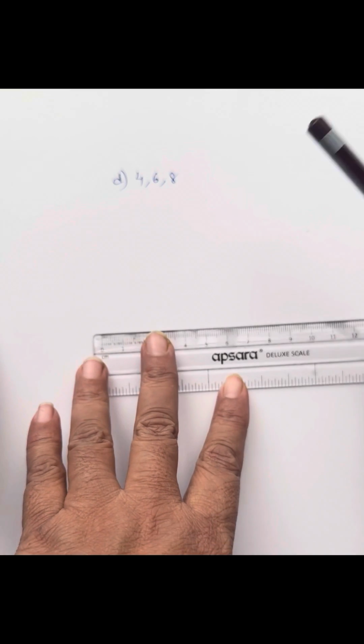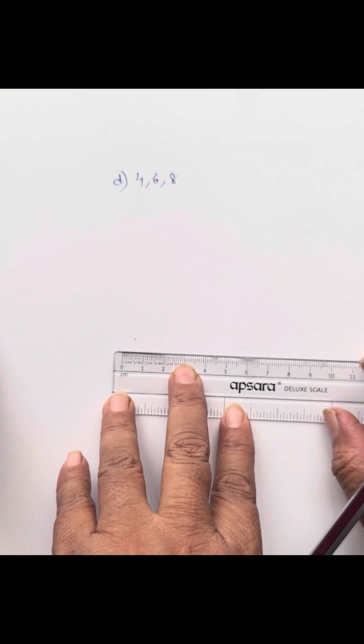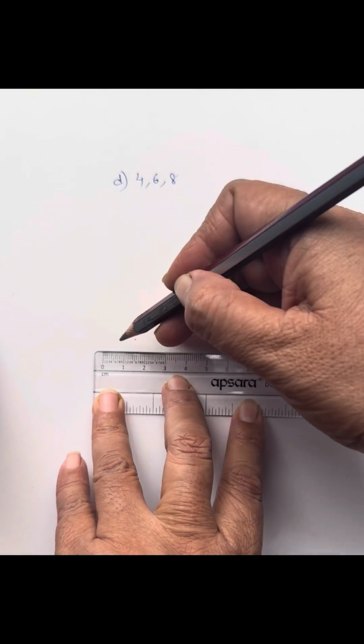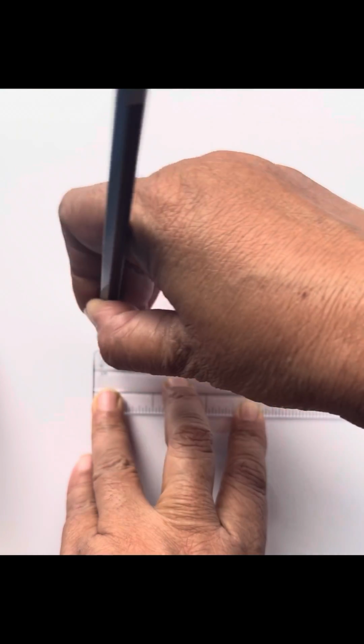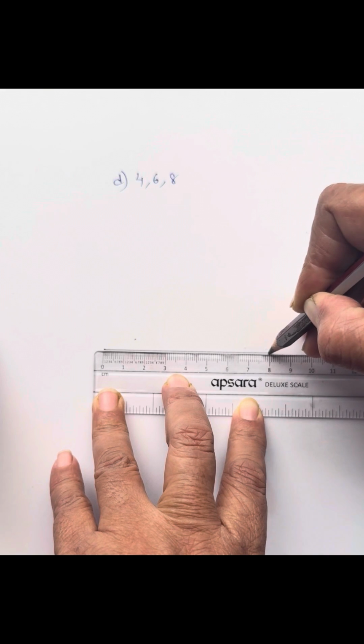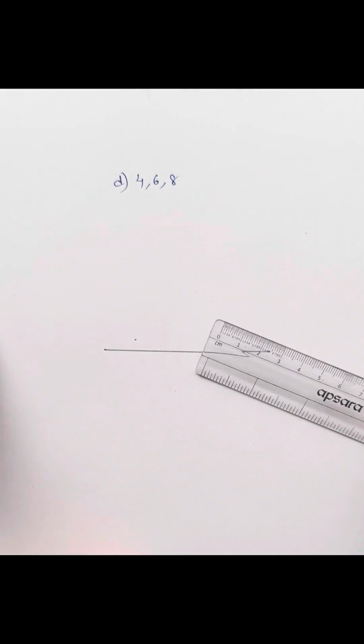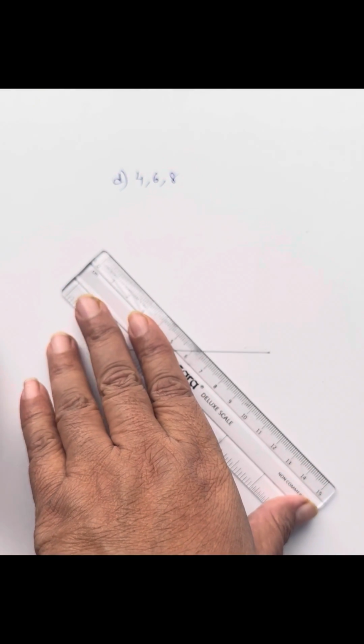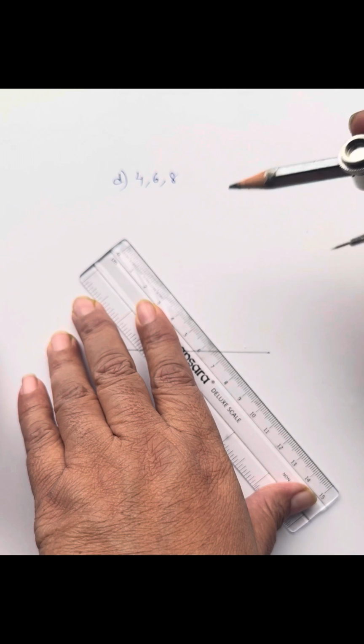We do question number D, where the sides are 4, 6 and 8. So I'm taking now here the base as 8 centimeter. You can choose your own base. I just use this base so that the circle is not too big, because the circle with the radius 8 would be too big, right?